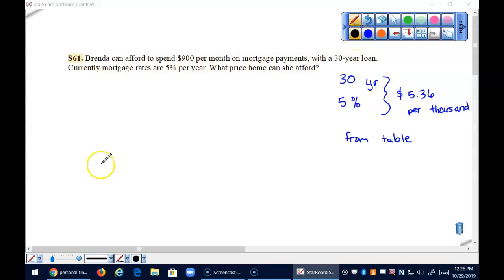So we need to say every time she pays $5.36, she gets $1,000. How many times can she do that? That's a division problem. So it's about 168,000.